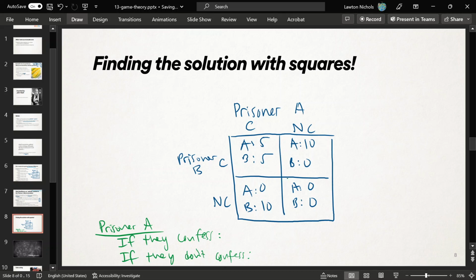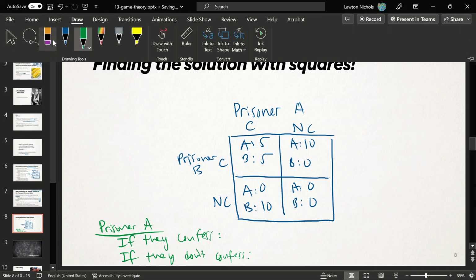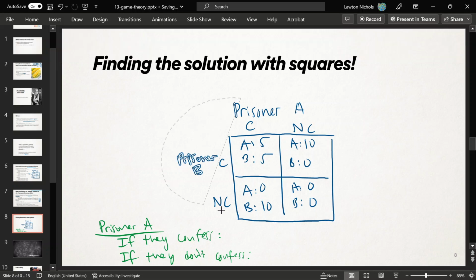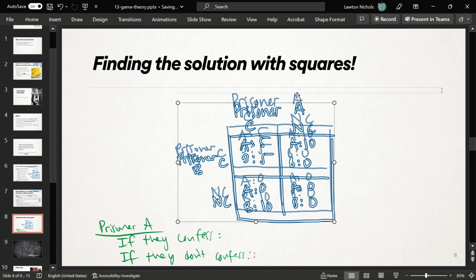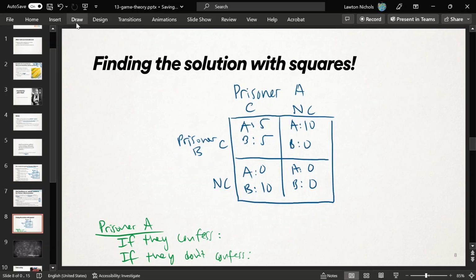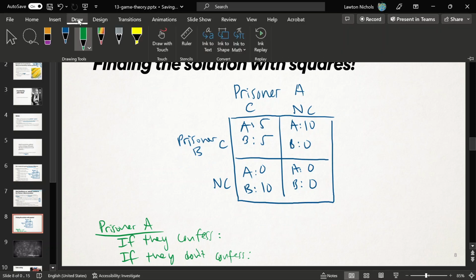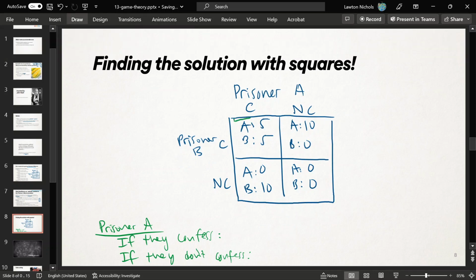And so the math here, let me move this up a little bit. It's very interesting. It's going to make it obvious why they should both do something. Here are prisoner A's options. If prisoner A confesses, he has no control over prisoner B, so here are the options that he gets.